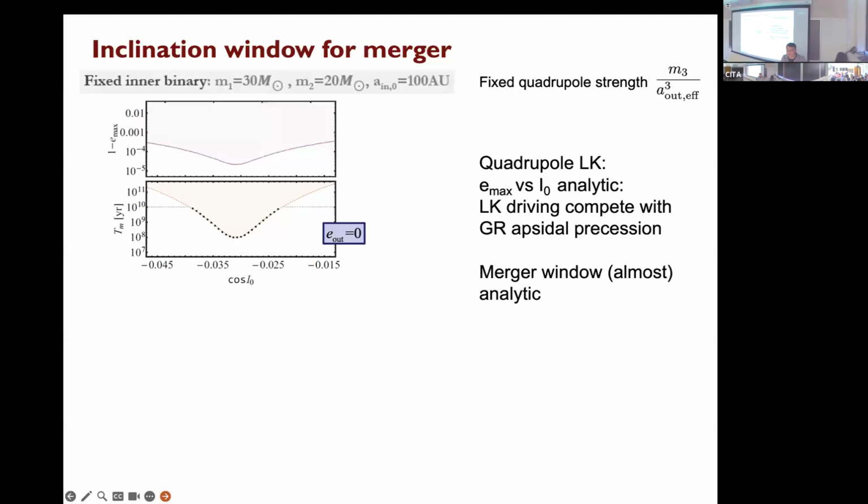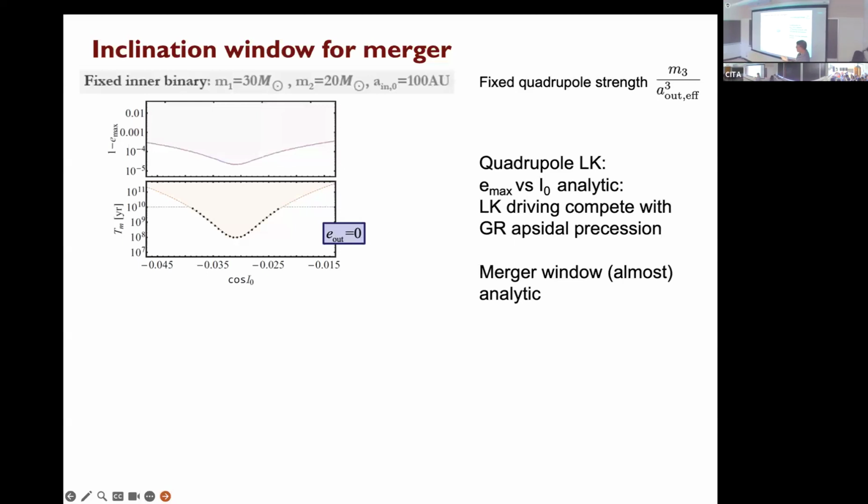You can write down the equations and integrate them. You can actually predict the merger window: in order for the inner orbit to merge, the inclination of the outer orbit must be sufficiently large such that you can induce enough eccentricity. This can be calculated analytically.